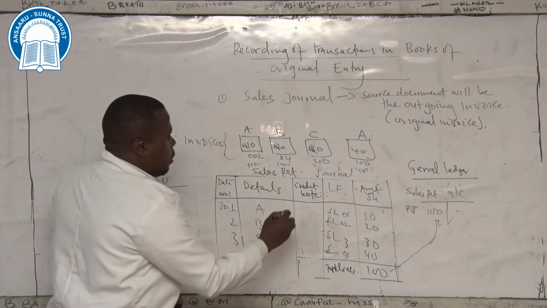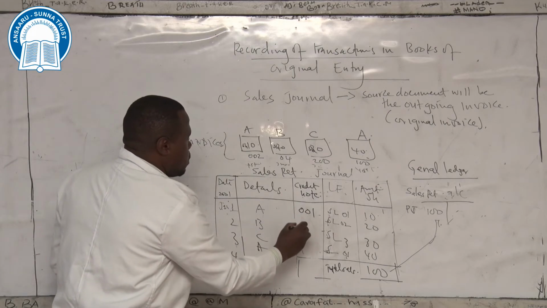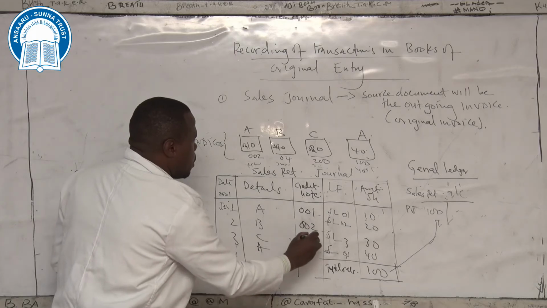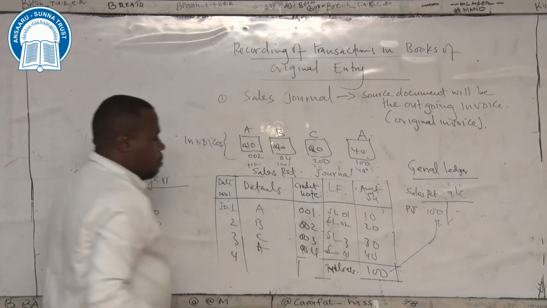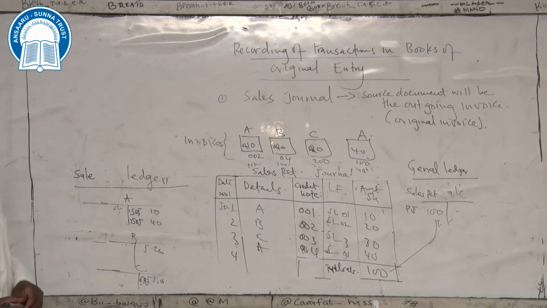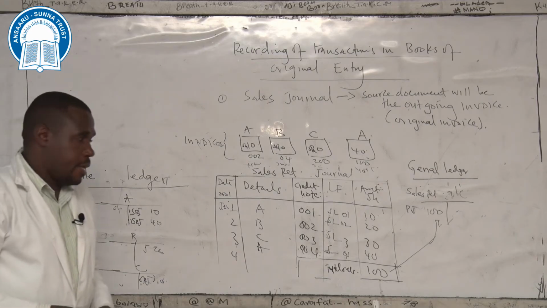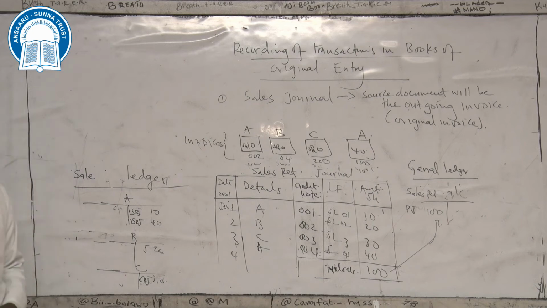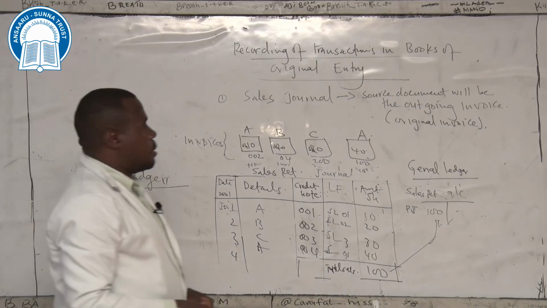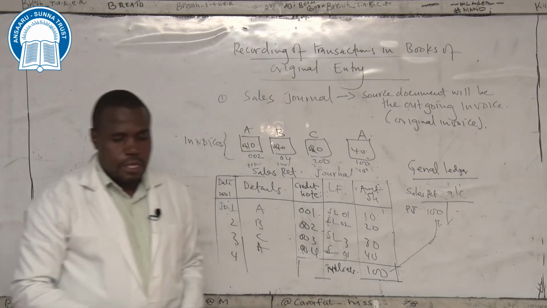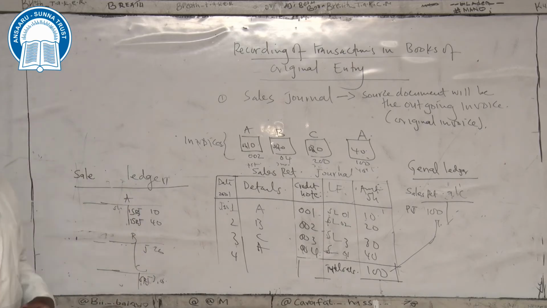For example, now here we are going to have 001, 002, 003, and 004, because the document is being issued by the business to the customers who have returned the goods or the products. So that is how to post transactions in a journal or books of original entry.